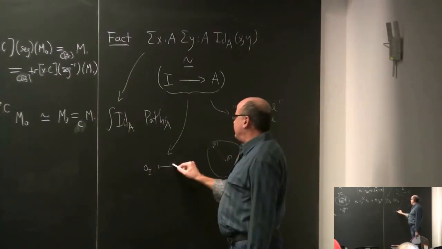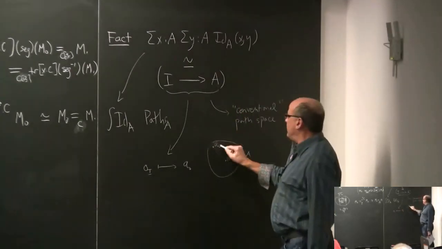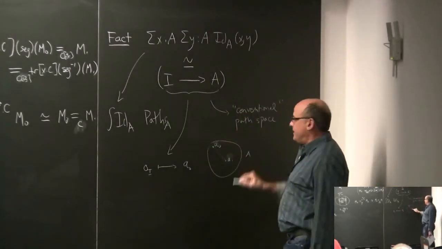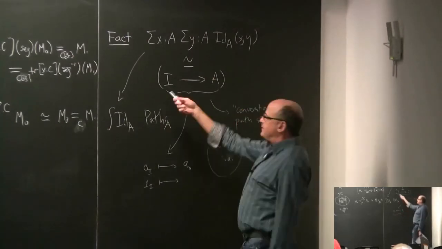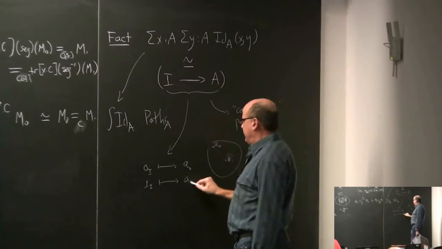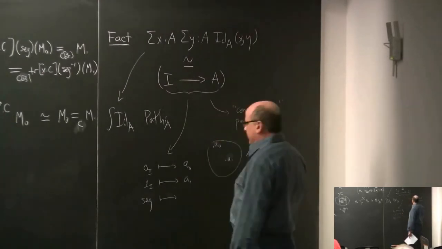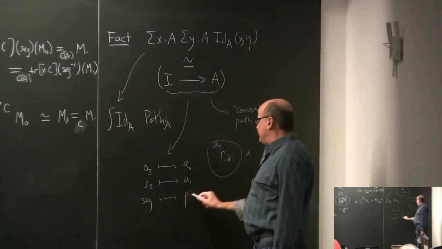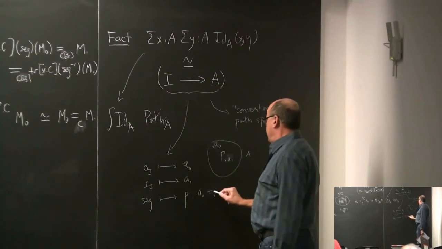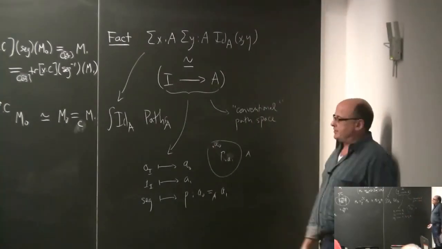It tells me what to do, which would be a naught, the endpoint here. This would be a1. It must be given this way because the uniqueness property of the mapping out would tell us that. And it must turn the segment into the path in question. Let's call that P, which is a path between a0 and a1. Okay, that's the intuition.